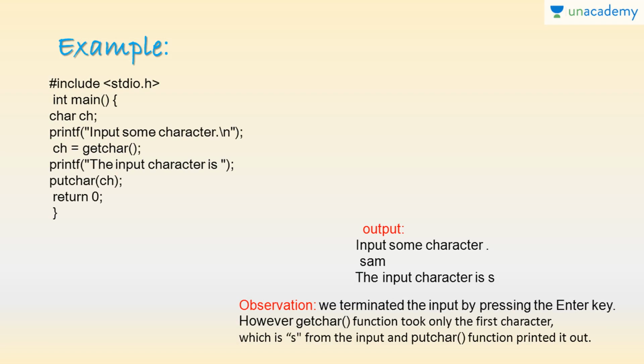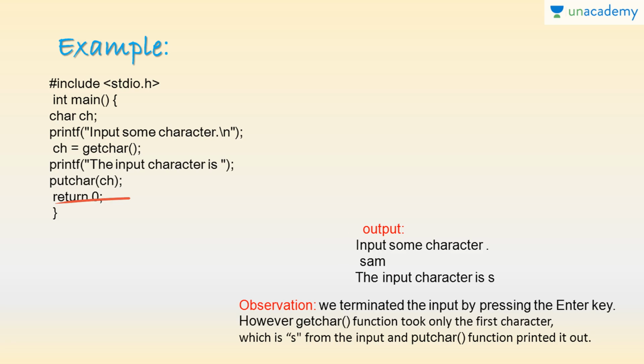So see an example program. What is happening here is that I gave an input SAM. As we saw, getchar accepts only one character and putchar takes and prints only one character. So it is accepting only the first character, S, and it's printing the first character it had accepted.